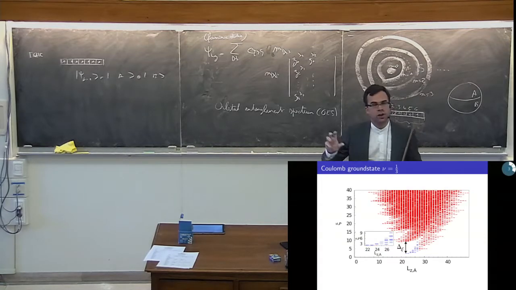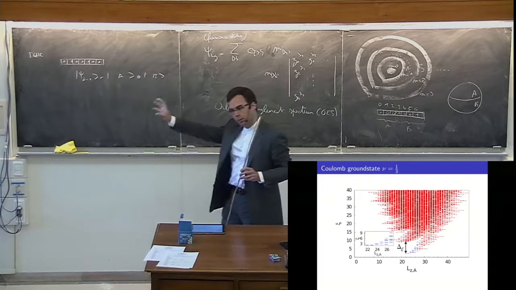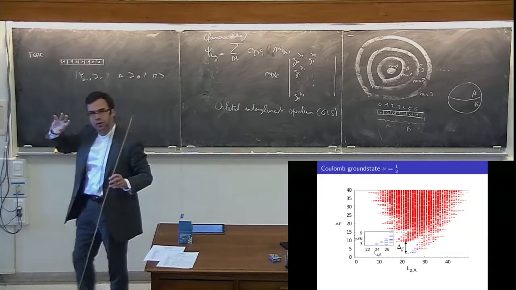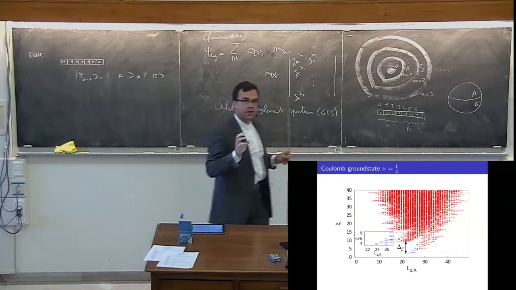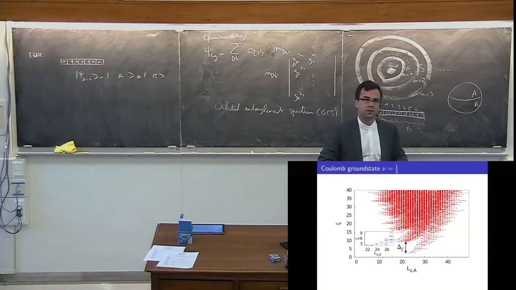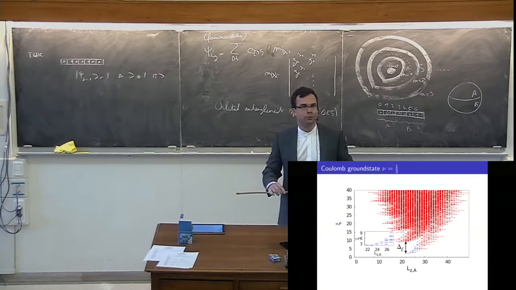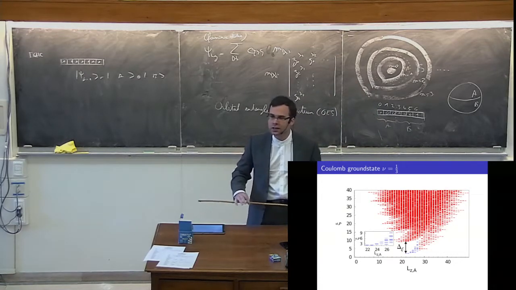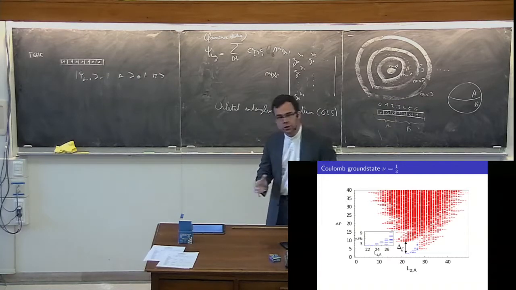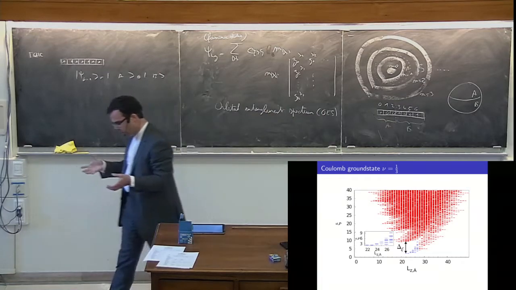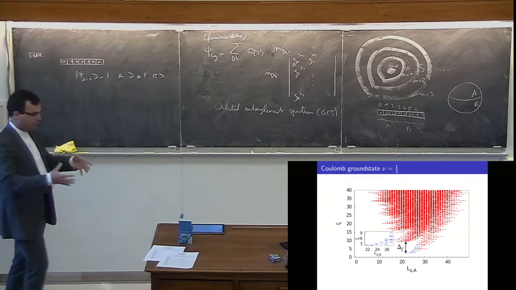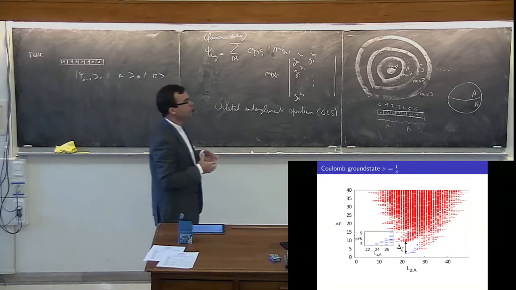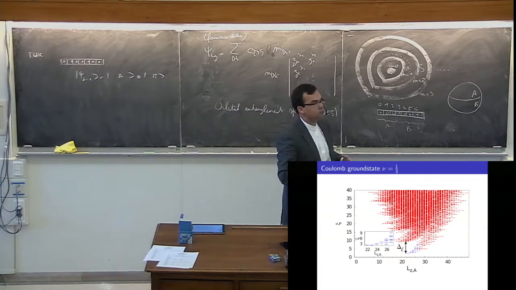Like what we have done for the AKLT model, where we went away from the pure AKLT point and looked at the Heisenberg model, here you can do exactly the same. Remember, the Laughlin state is just a very good approximation of what's going on at 1/3. If you take a more realistic interaction, like the interaction you can imagine in your 2D electron gas in an experimental sample, the interaction is much more complex.